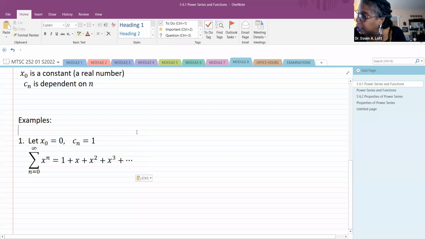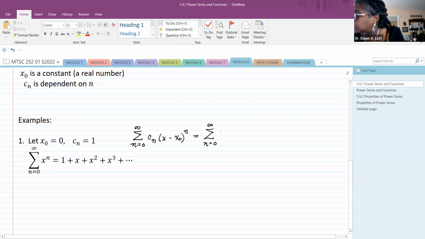So where I have the summation from 0 to infinity of C_n times (x minus x naught) to the n, the summation n equals 0 to infinity, C_n is just 1, and this becomes (x minus 0) to the n. And that's just the summation n equals 0 to infinity of x to the n.